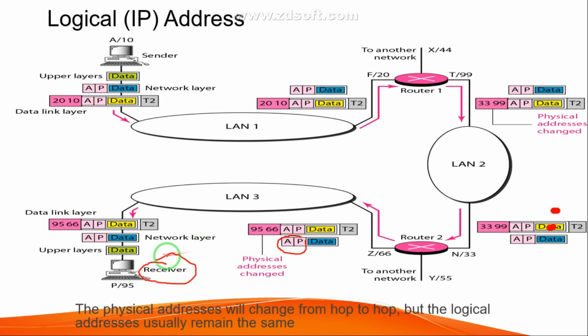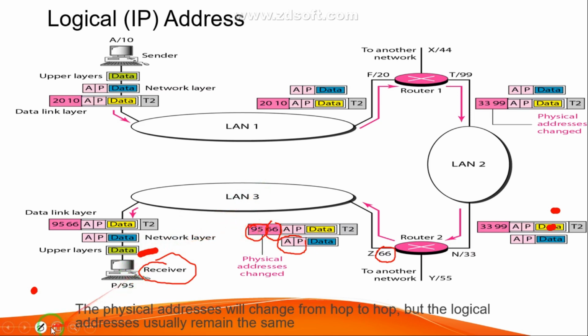Now, this data is received by the receiver. So what is the source address? The source address is your router 2, that is 66. So that's why we have written 66 over here. And now it knows that the end connection is the receiver, which has a physical address 95. So now it is going to put 95. So when the data has been received, the physical address is going to match.